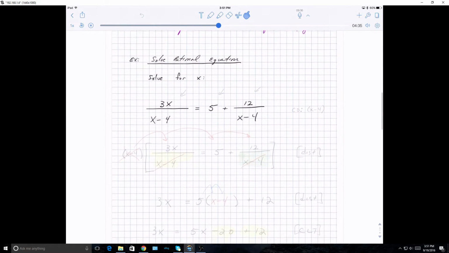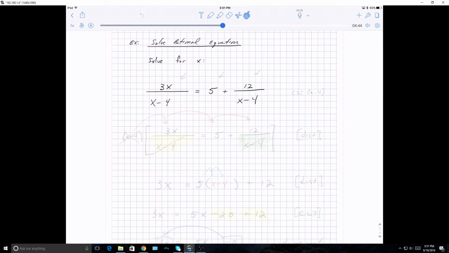Alright, now let's look at a specific example with solving rational equations. The easiest thing to do is to clear denominators, so that's what we're going to do. And lucky for us, there is already a common denominator of x minus 4. That just means we're going to distribute x minus 4 to the first, the second, and the third terms.